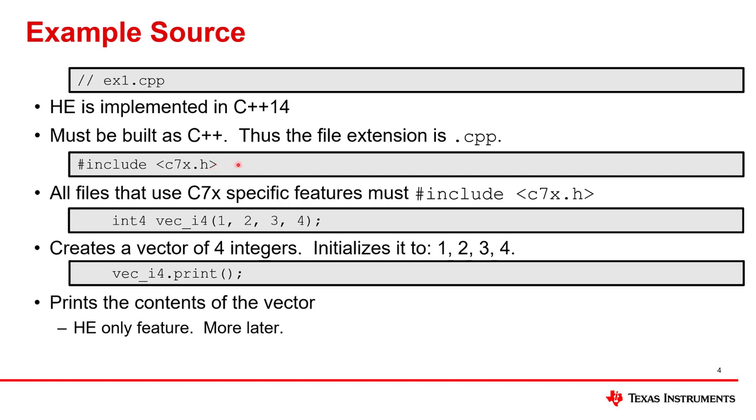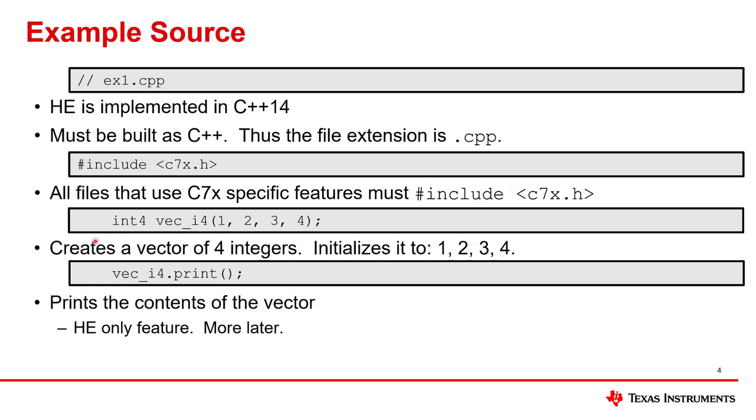The next detail to look over is that it includes the header file c7x.h. All files that use C7X specific features, such as vectors, as in our example, must include the header file c7x.h. That is included as part of the HE package.